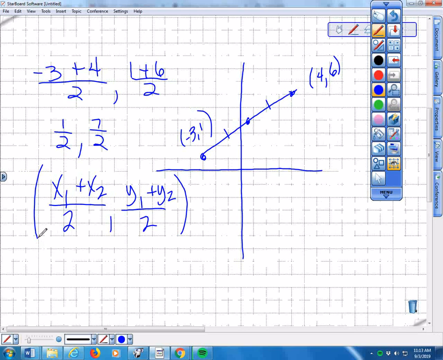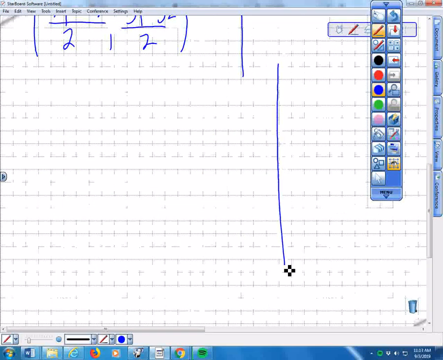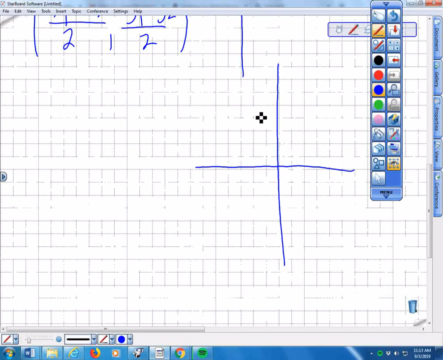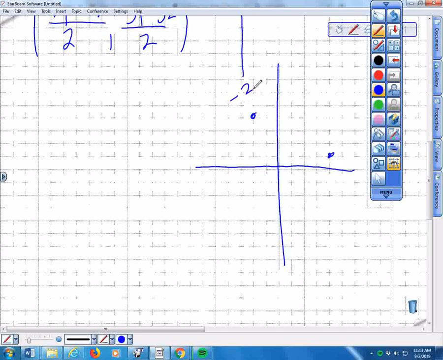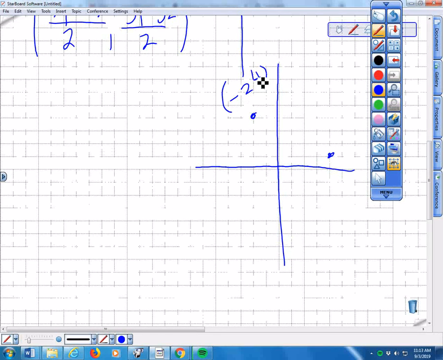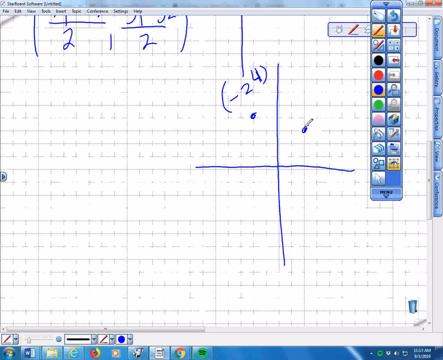So sometimes you might be given two points, -2, 4. Actually, let's make this one a little closer. And 2, 3.